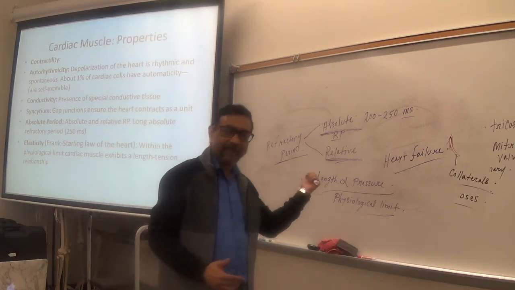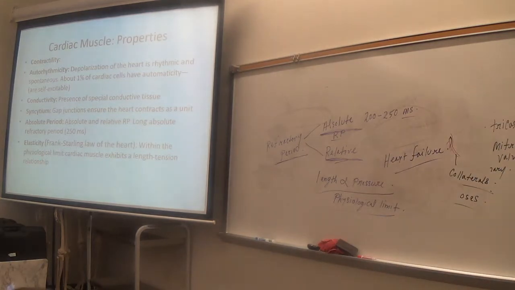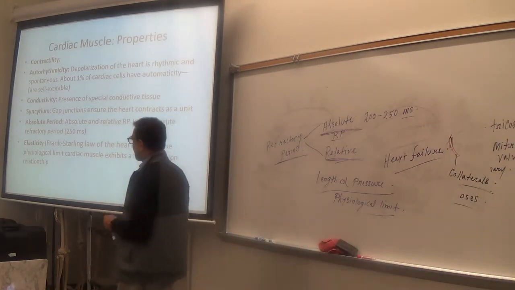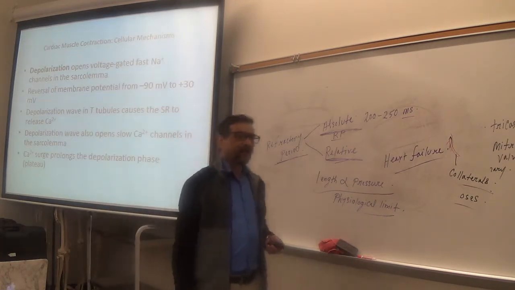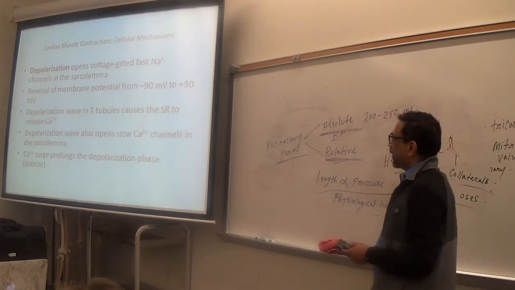Same thing. That's the limit, physiological limit. Everything has a limit. Okay. So that's the Frank-Starling's law. Within the physiological limit, cardiac muscle will show elasticity. More pressure, increased length. Okay.